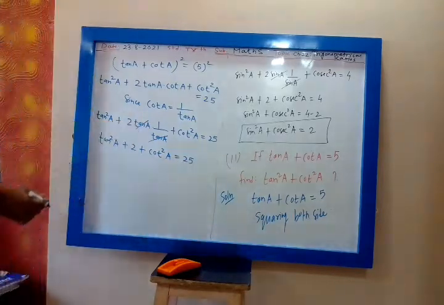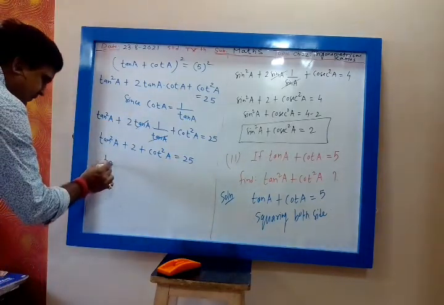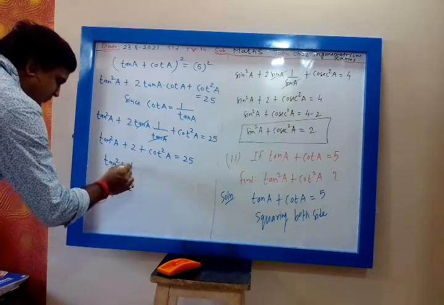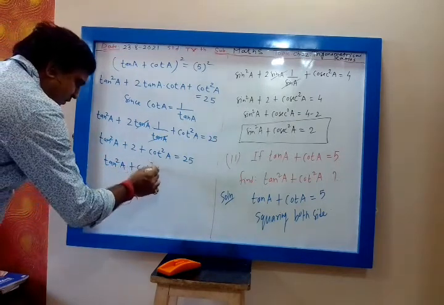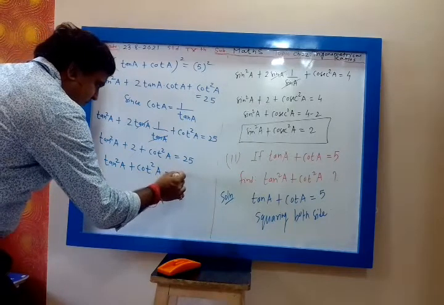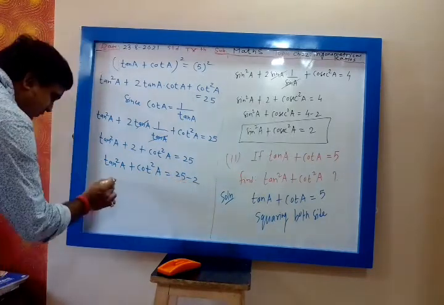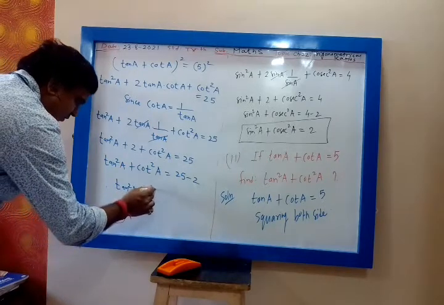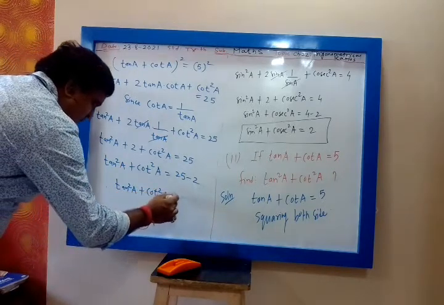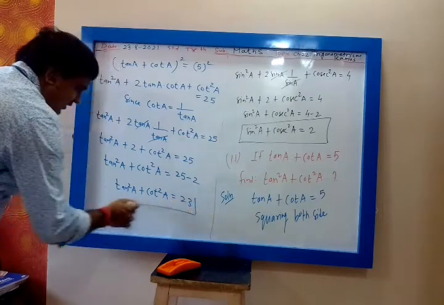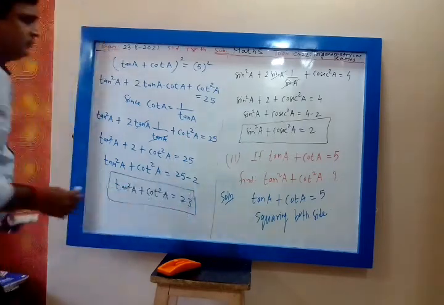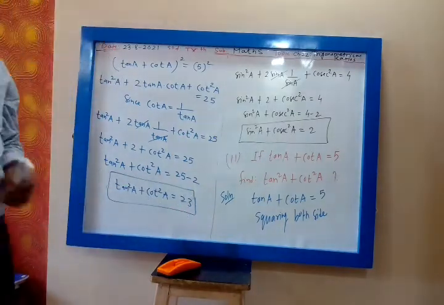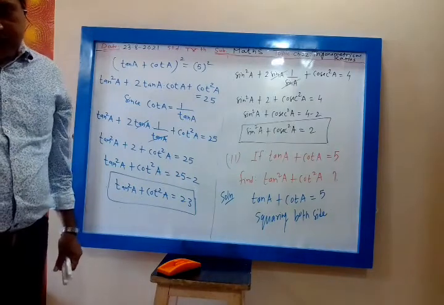The 2 will go, so tan square A plus cot square A is equal to 25 minus 2, which is 23. Clear this? 10th and 11th are the same.